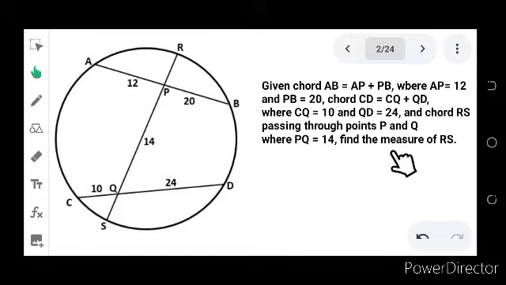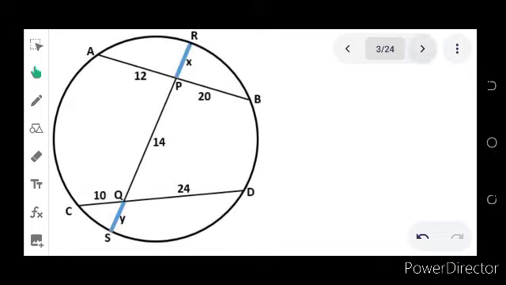So in order to find the measure of RS, we should first find the measures of PR and QS. But since we don't have these measures, we will represent them by variables. So we can let the measure of PR be equal to X and the measure of QS be equal to Y.